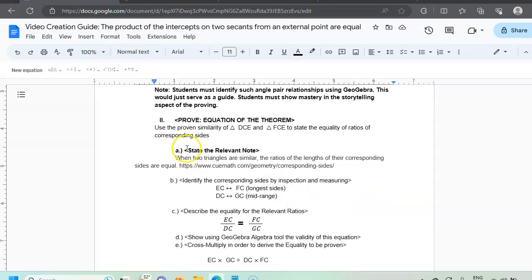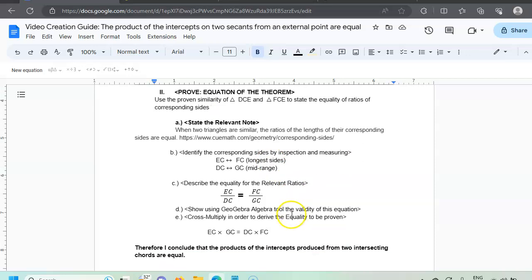And we all know that, having shown equality of all corresponding angles, we can say that triangle DCE and triangle FCG are similar, and we can use that similarity to state the equality of ratios of corresponding sides. So what are the corresponding sides?